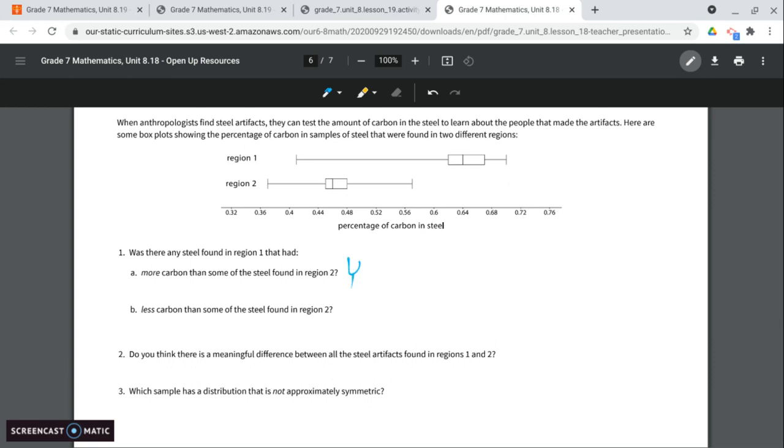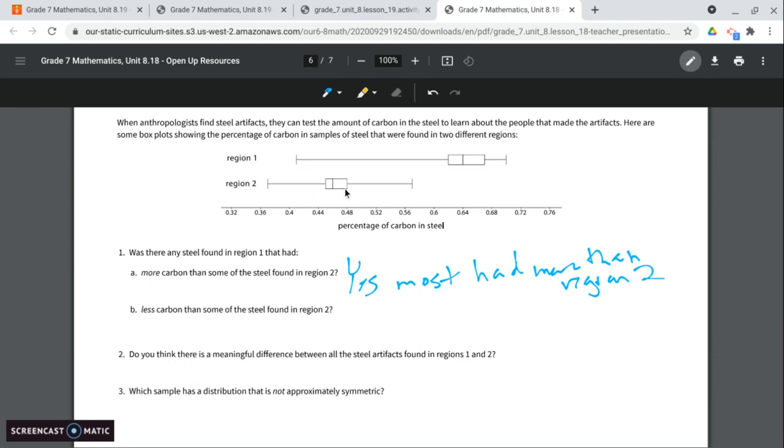So yes, most had more than region 2. B, was there any steel found in region 1 that had less carbon than some of the steel found in region 2? So there was at least 1 piece of steel.